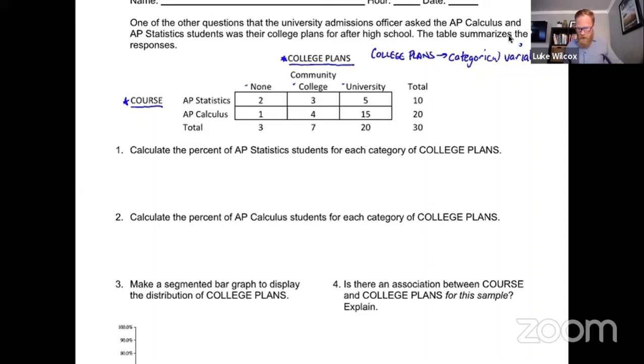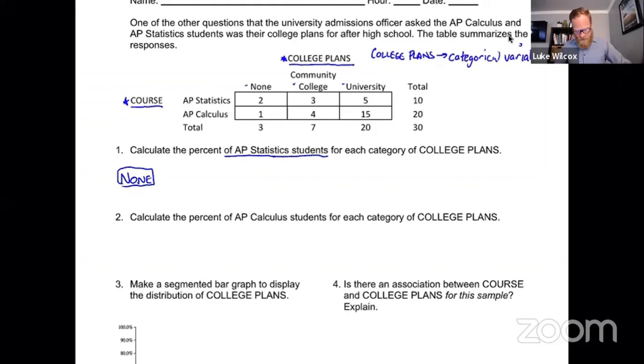So here we go. Number 1 says calculate the percent of AP statistics students for each category of the college plans. Okay, we've got 3 different categories. So let's start with the category of none. And very important here, we're only looking at the AP statistics students in order to calculate this percent.